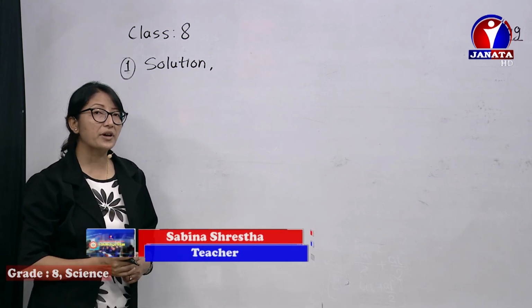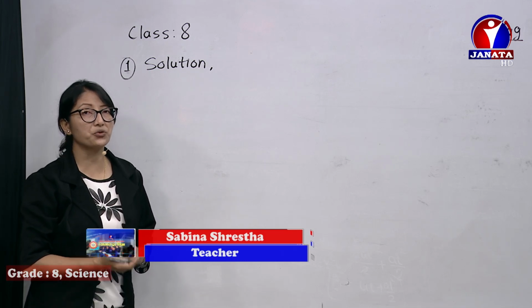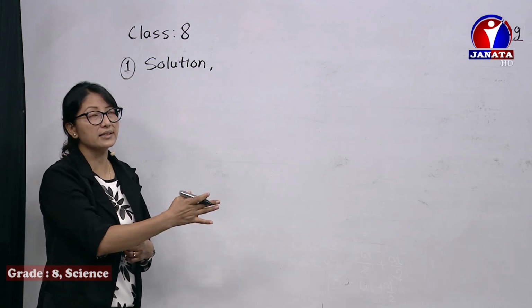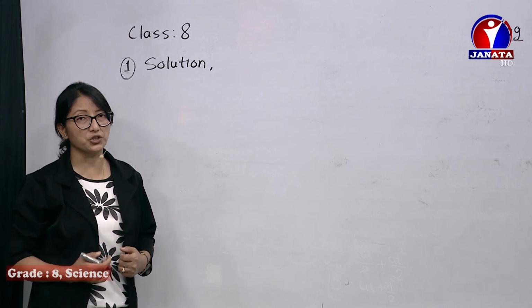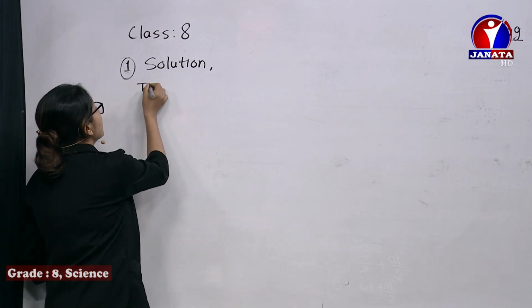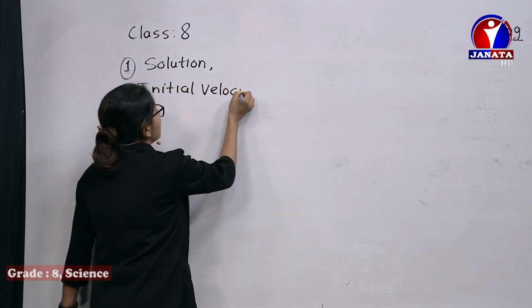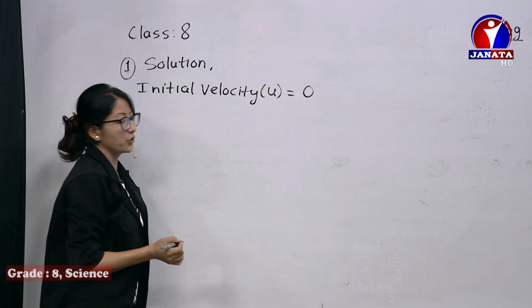If a vehicle starts from rest, we should keep in mind its initial velocity is always 0. And if it moves and finally comes to rest, then its final velocity is 0. So here it says a bus starts from rest, so it means the initial velocity u is 0.